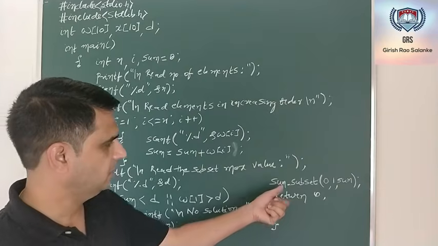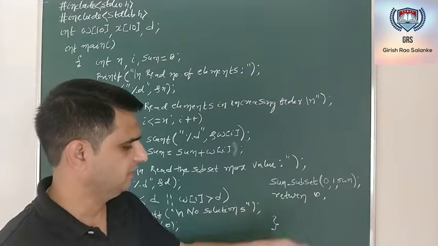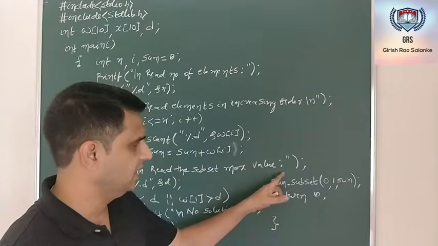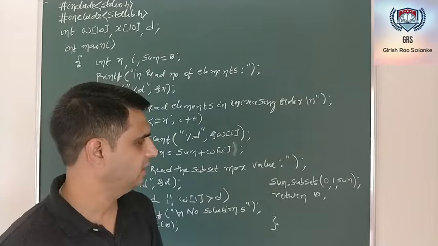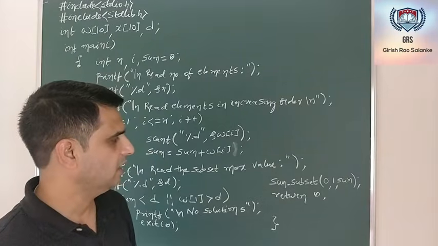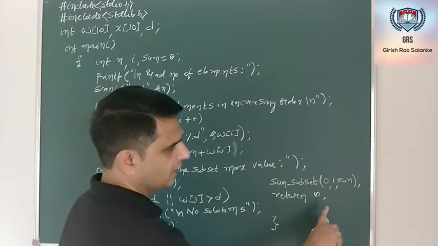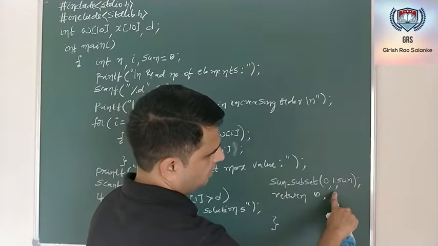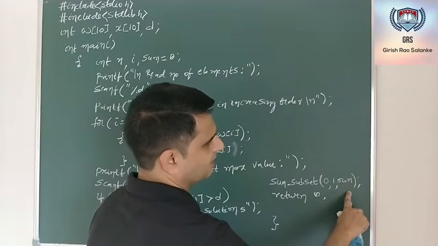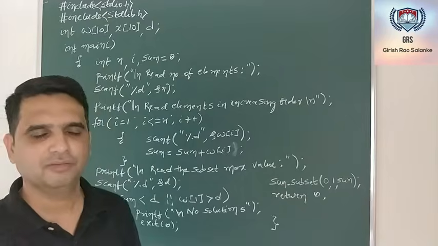Now let's go for this sum underscore subset function. Is it returning anything? The function is not going to return anything, hence we need to have the return type as void. Note that there are 3 arguments: s, k, and I will call the third one r, because in the algorithm we have used it as r.